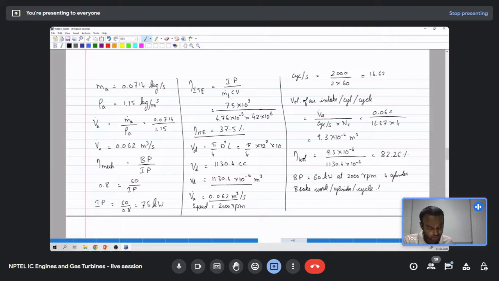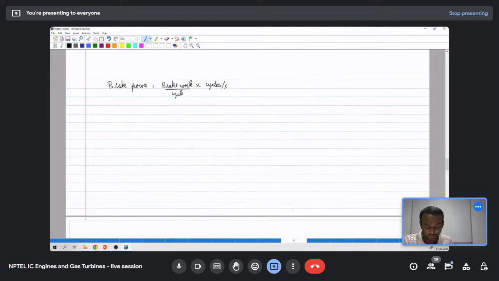So we have 60 kilowatt for 4 cylinders, so per cylinder brake power will be 60 by 4 kilowatt, and we need to calculate brake work per cycle, and we have cycles per second.